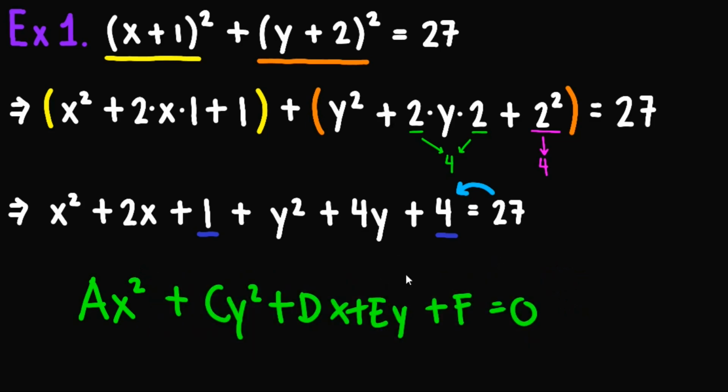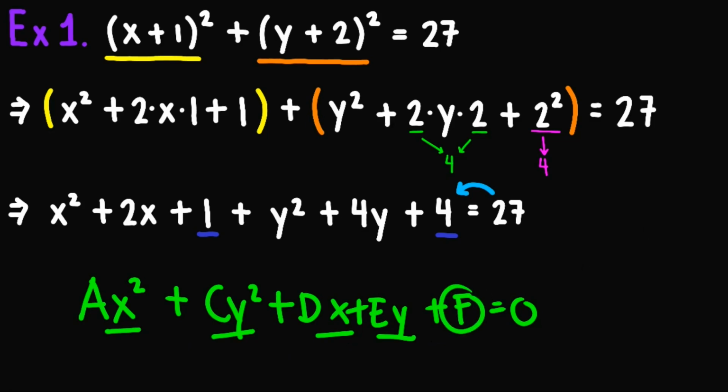So what we're gonna do is we will be rearranging this equation of this form. So the squares go first, then the linear or variables of degree 1 go after these two, and lastly the constant.